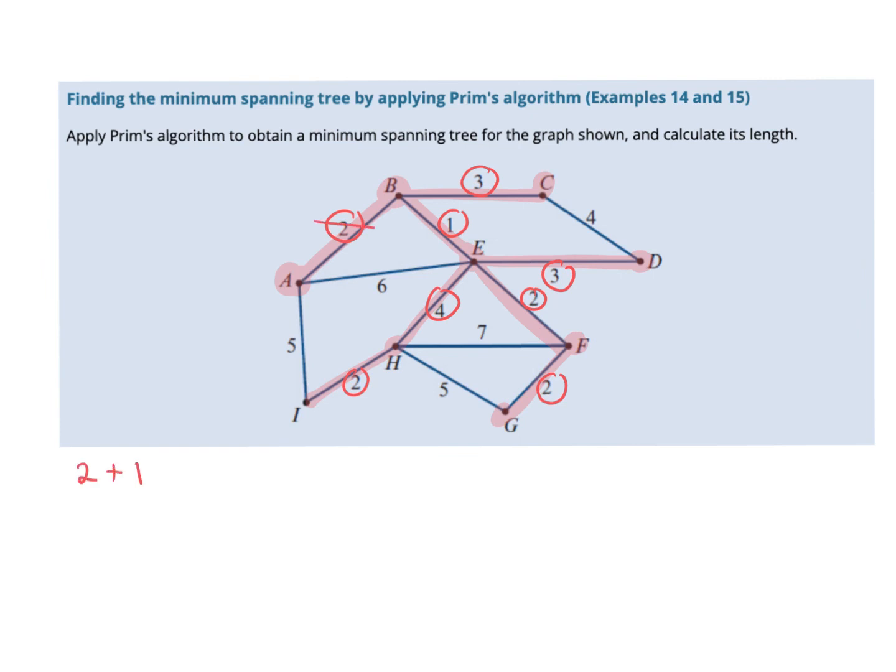So I'll go 2 plus 1 plus 3 plus 3 plus 2 plus 4 plus 2 plus 2. Then you add that up. So that's 3, 6, 9, 11, 15, 17, 19 is the minimum spanning length.